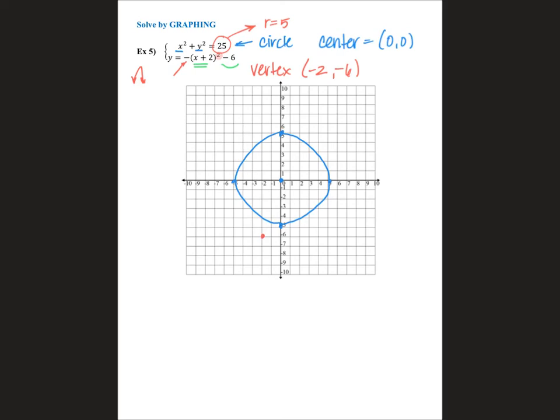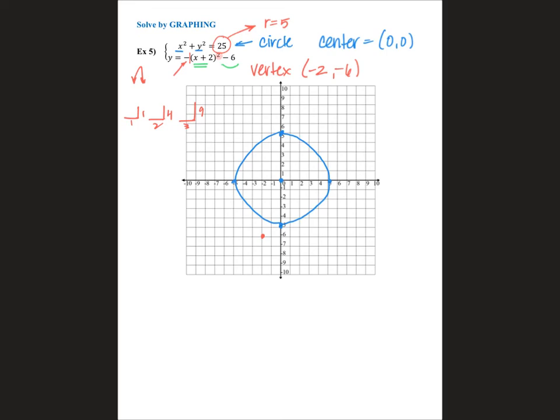Okay, my parabola is upside down. So the leading coefficient, though, is 1. So I'm going to follow that same pattern. 1 squared is 1. 2 squared is 4. 3 squared is 9. But since it has a negative leading coefficient, it's going to flip from opening into the positive y's to opening into the negative y's.